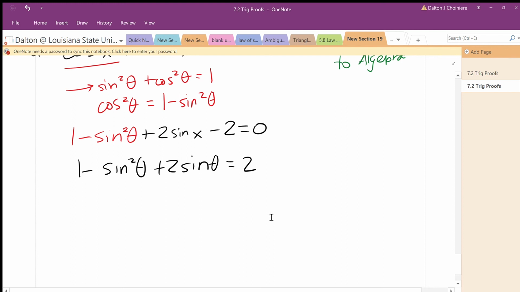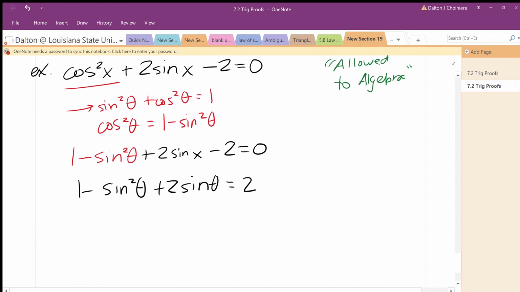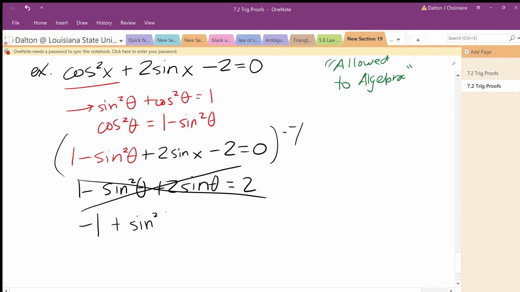Okay. So what you could do in that case is you could either go off to the side and take a different route, or you could just say, yeah, let me back up a step and change the sign of everything. So if I multiply everything by -1, then I get -1 plus sine squared theta minus 2 sine theta plus 2 equals 0. All right.